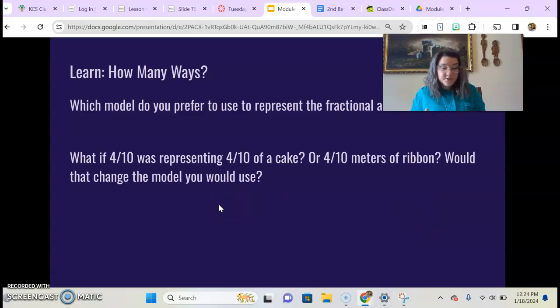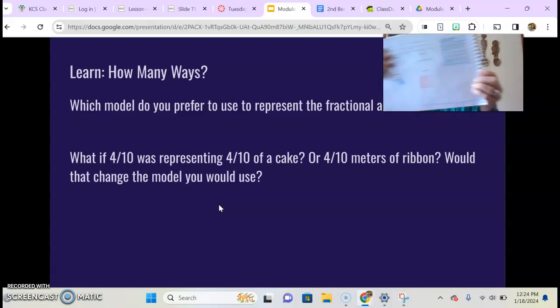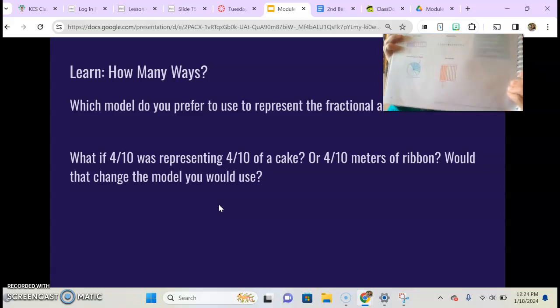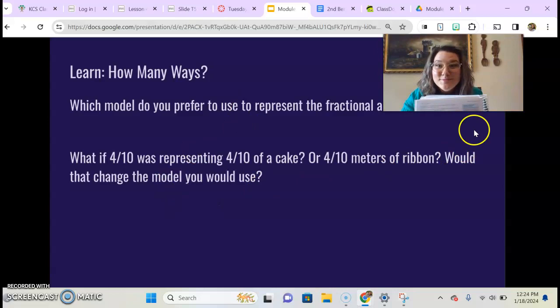So hopefully you've had just a minute to represent 4/10 in as many ways as you can. So I do want to show you in the book. Sometimes I like the models in the book. It may take me a minute to get it. There we go. This would make much more sense, wouldn't it?